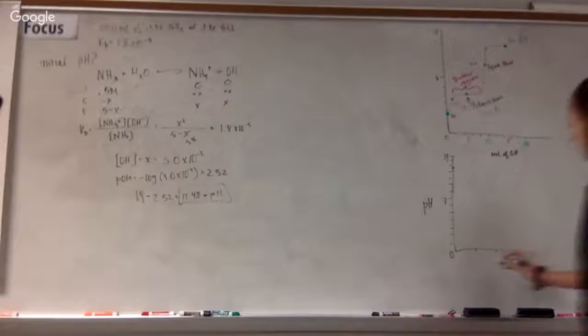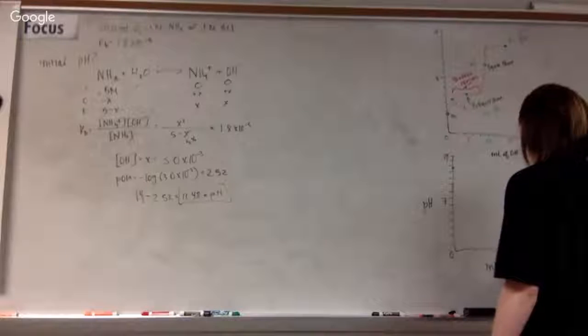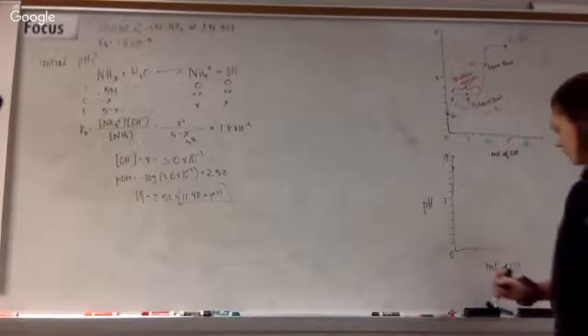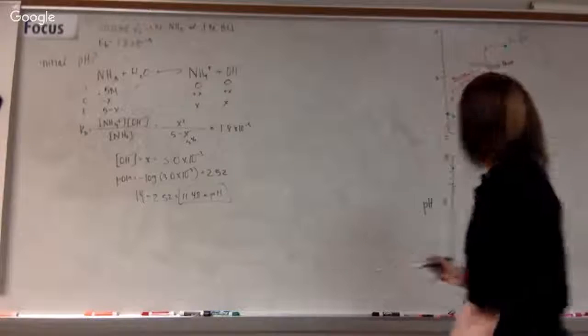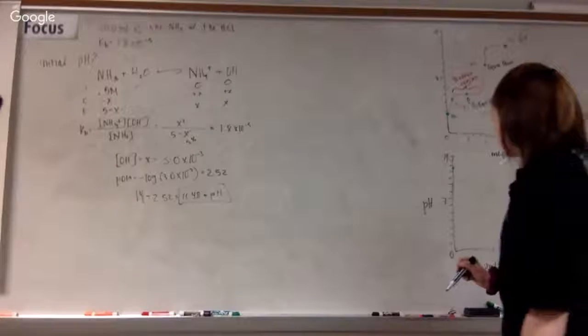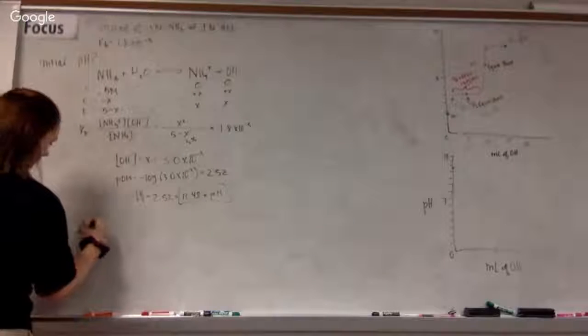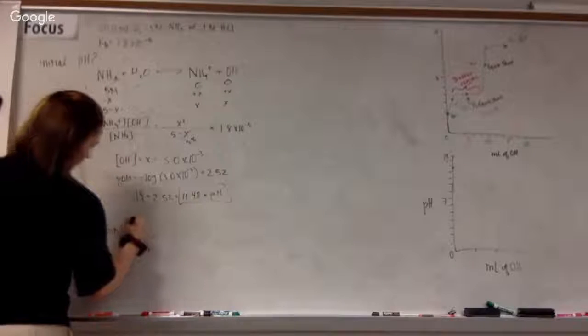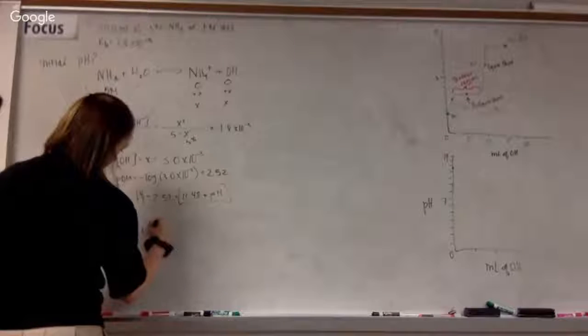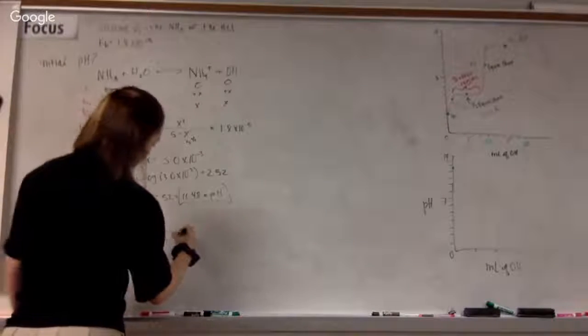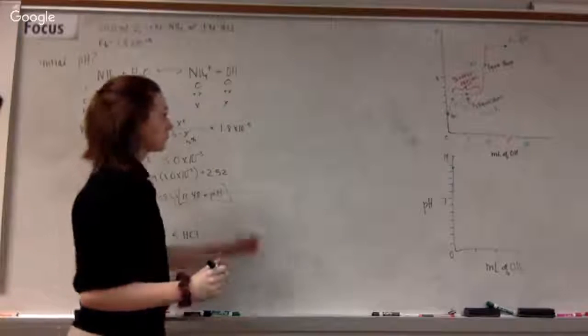So now, watch. Let's do the first scenario here. Let's go 50 milliliters of 0.1 molar. Now, as soon as we add this, can you go in the upper right-hand corner and write the big dog equation, please?